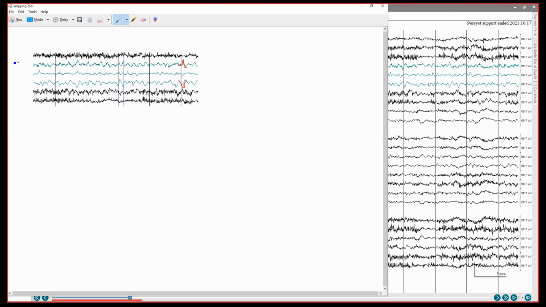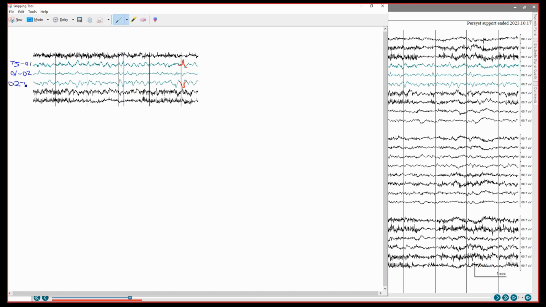So those are going to cancel each other out, essentially. That's why there's a relative flatness element to that particular channel. And then we have O2, T6. We can see those right here.